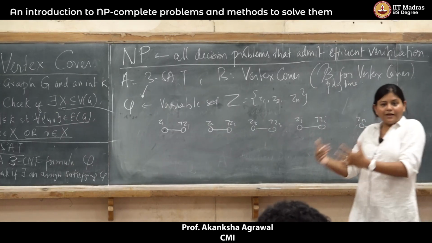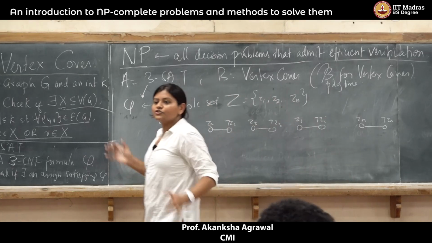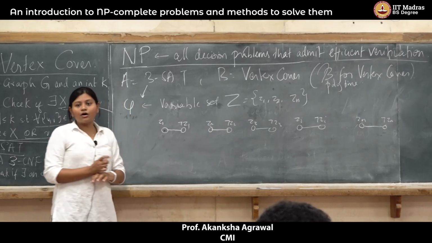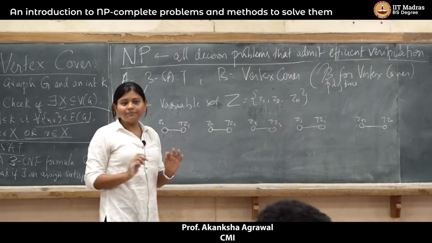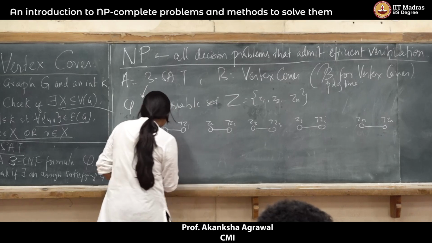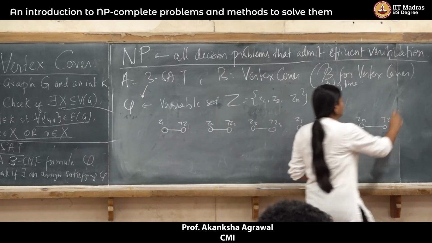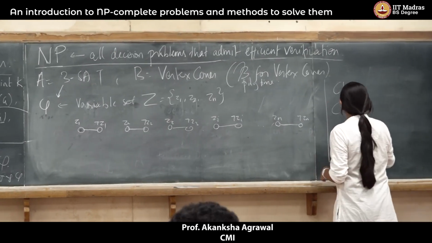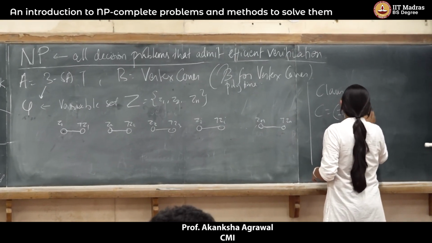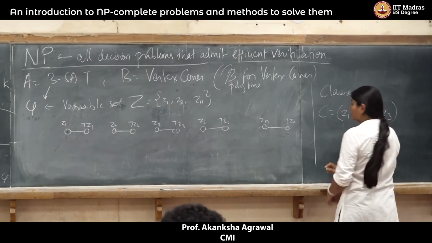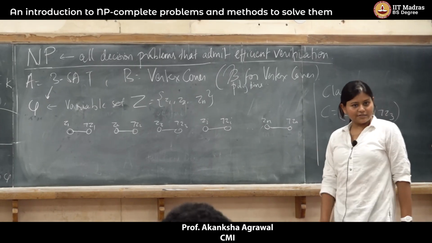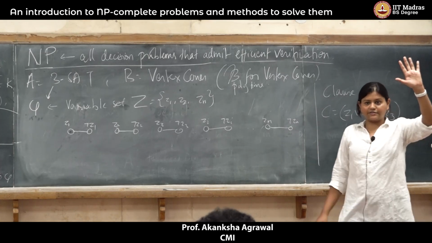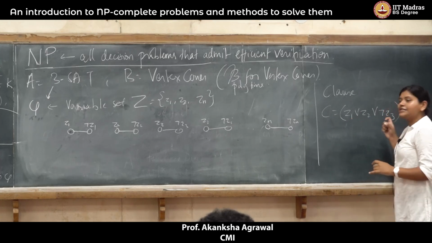Now we have to do something with the clauses, so let's bring them into the picture. The idea will be that for every clause I'll create a triangle. Let's look at an example of a clause C, which is say z1 or z2 or not of z3. This is a clause which has 3 literals. I know that if I have a yes instance, at least one of these literals is set to true.